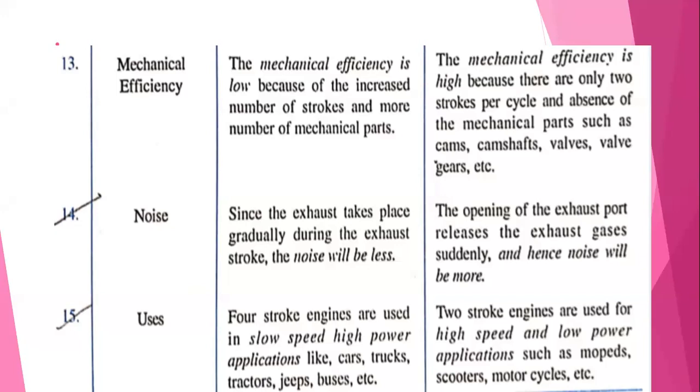Consider that the name itself indicates mechanical efficiency. The mechanical efficiency can be defined as the ratio of output to input. That is nothing but whichever input is provided to the engine, what is the output?